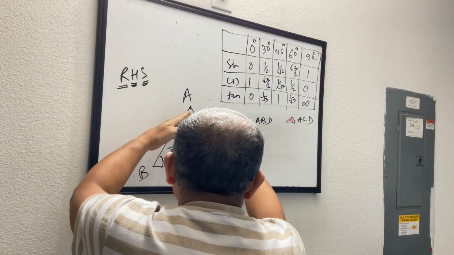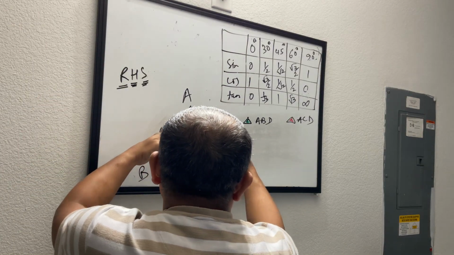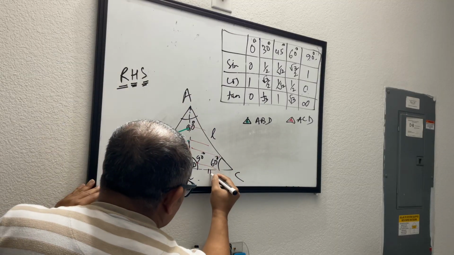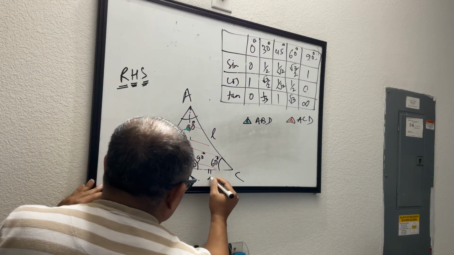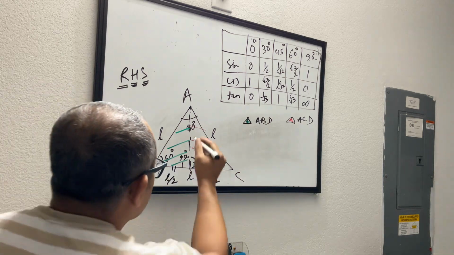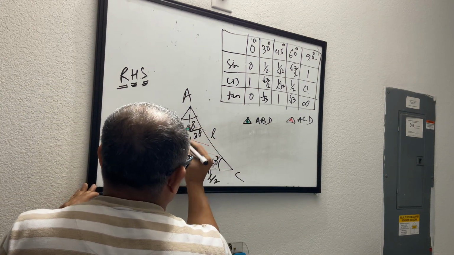Your hypotenuse is matching because they are part of the same equilateral triangle. And this side is anyways common. So they are congruent, meaning this length here and this length here are the same, equal to half of the original length. And this angle is also the same, which will make it 30 degree each.